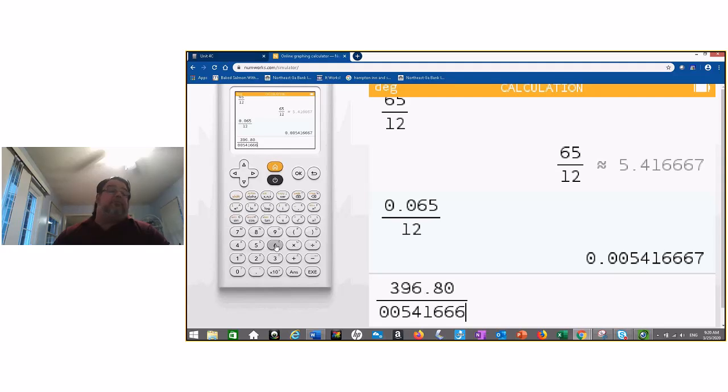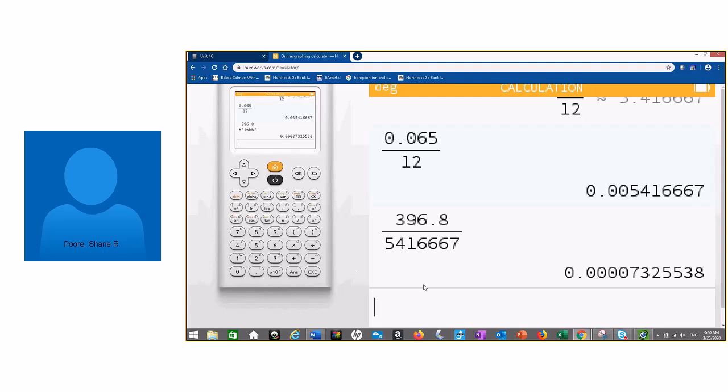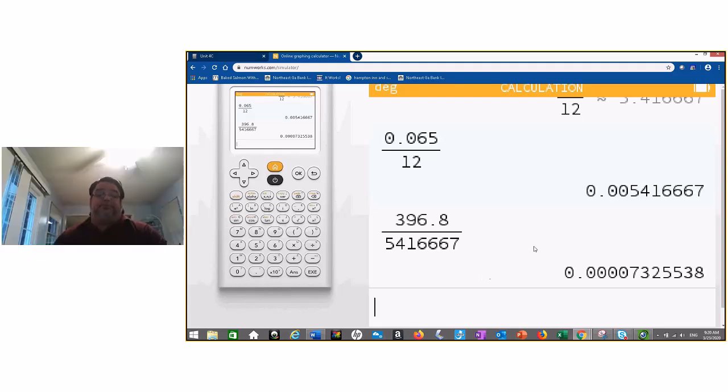Somebody tell me what the answer is. I'm not going to use this calculator no more. It doesn't type in anything.